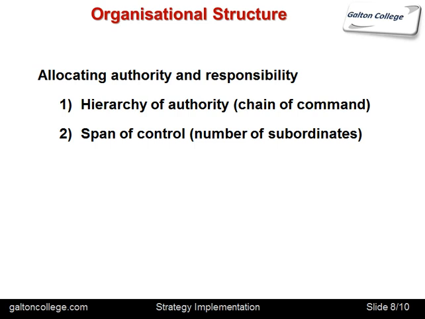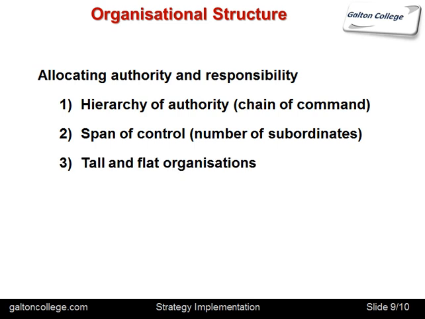The manager could be taken up in detail and has no time to look critically and logically at the whole process, because on a day-to-day basis they're solving day-to-day problems. There are too many people reporting to the manager, so the span of control is too big. If the span of control is too small, the manager may not be used effectively. The manager may have plenty of spare time, spare capacity. So it's a balance to get the span of control correct.